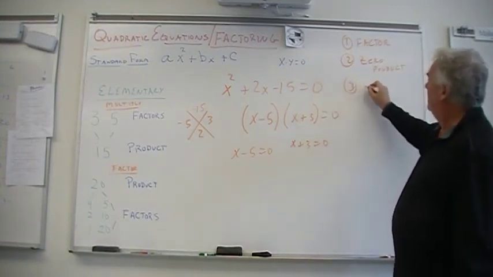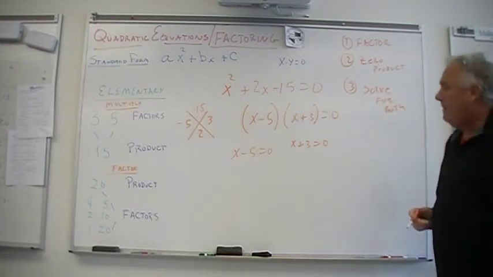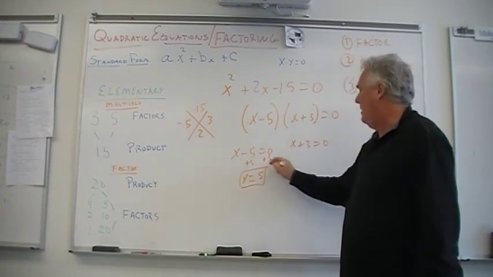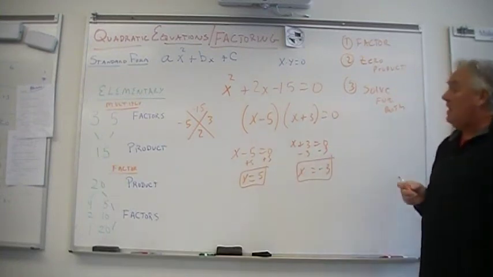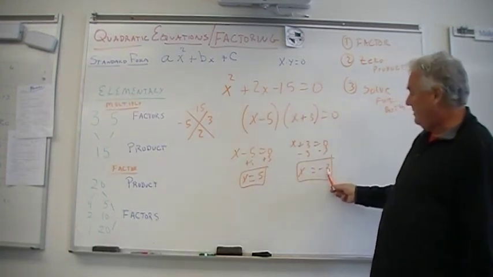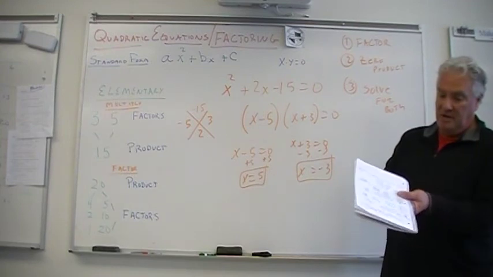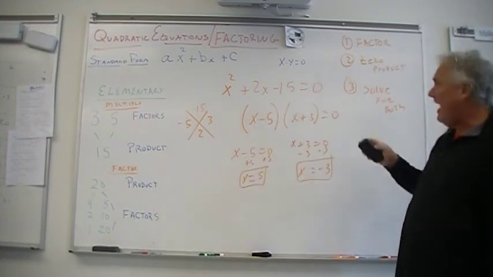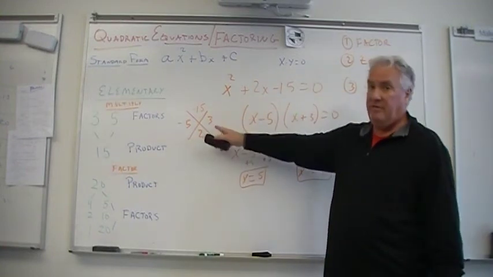And step 3 is to solve for both. So, plus 5, x equals 5, minus 3, x equals negative 3. And if you substitute this in for x, you will get 0. If you substitute this in for x, you will get 0. Meaning there are two answers to this quadratic equation, and here are the two answers. Okay? So, that is how to solve a quadratic equation by factoring using this strategy.